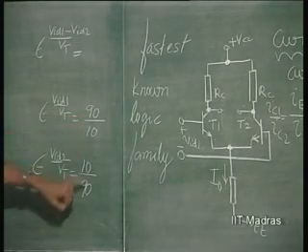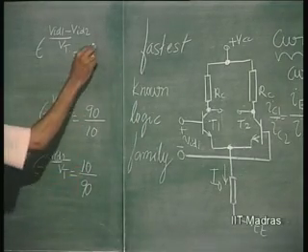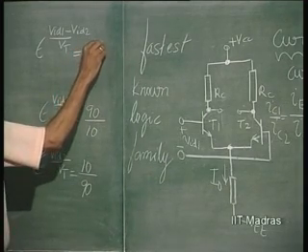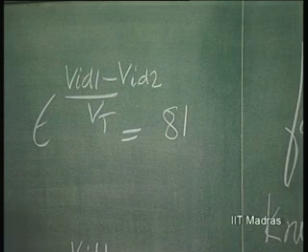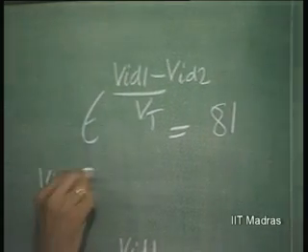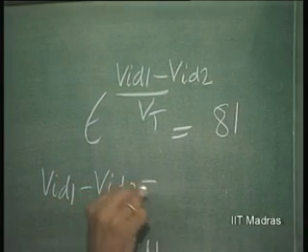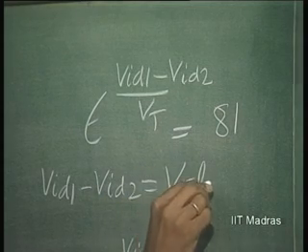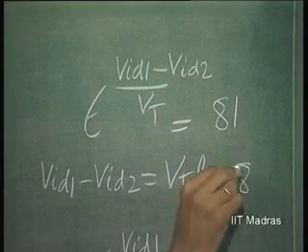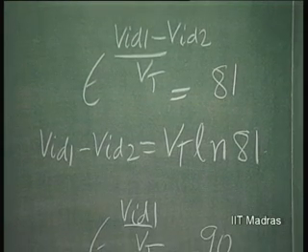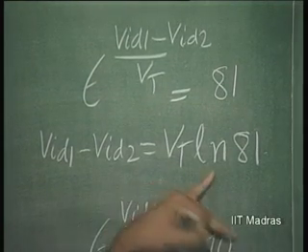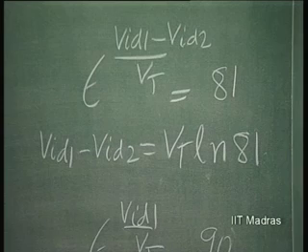This is 9 and this is 1 by 9. Dividing one by the other, we will get it as 81. Clear? And therefore, VID1 minus VID2 is equal to Vt natural log of 81. Vt, please remember, natural log of 81.